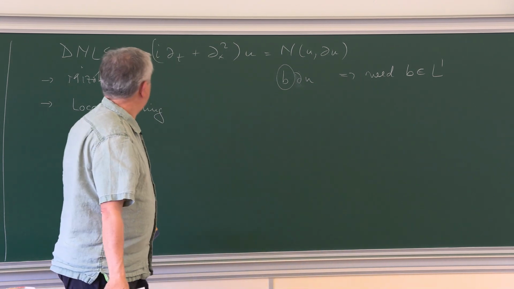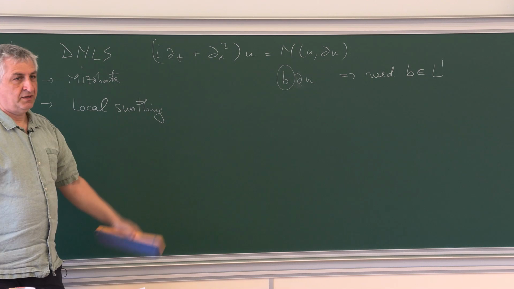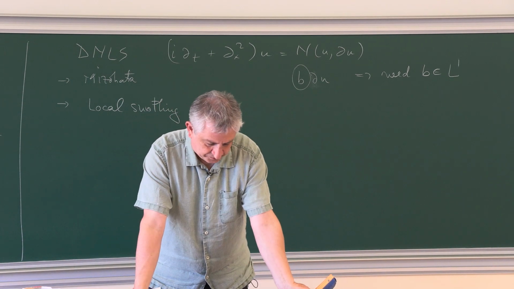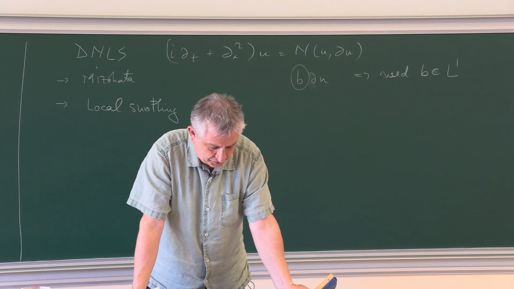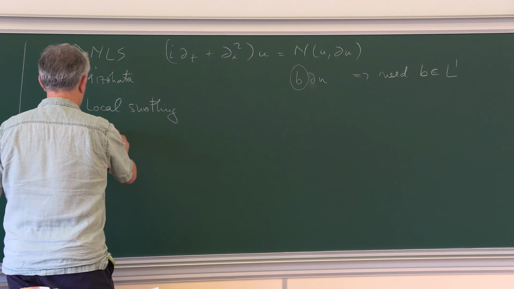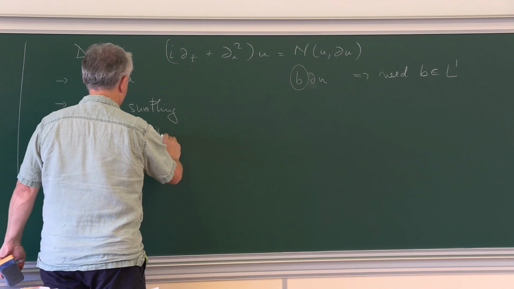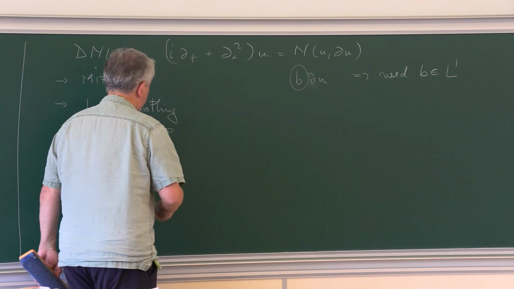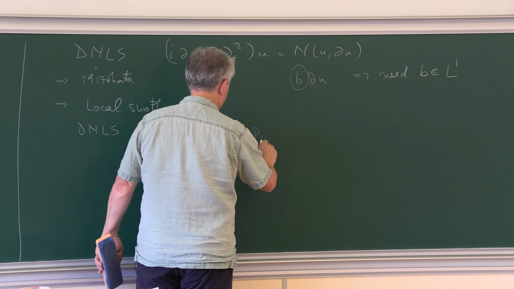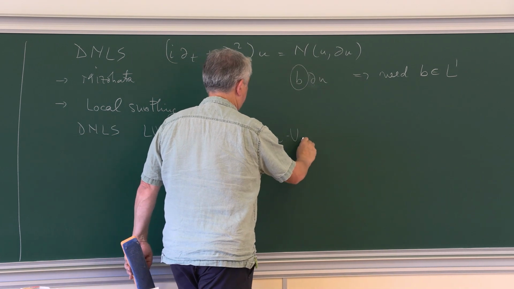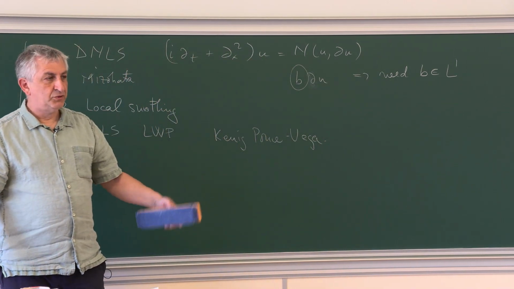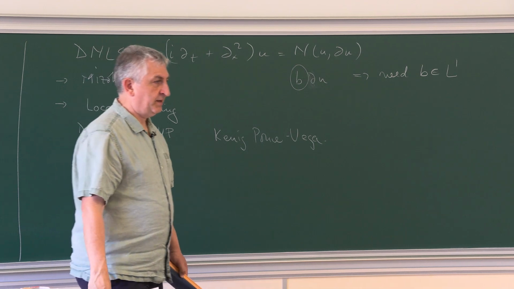And then for problems with variable coefficients, there was also work of Doi, which played a role. And so that eventually led to, let's say, DNLS local well-posedness. And there were a couple of contributions in here. First, Kenig, Ponce, and Vega had a result for reasonably smooth and localized data.